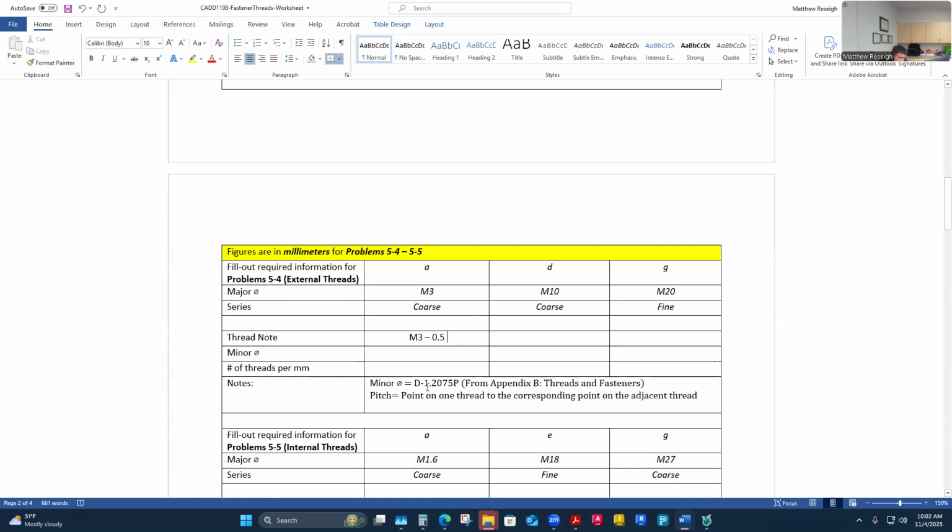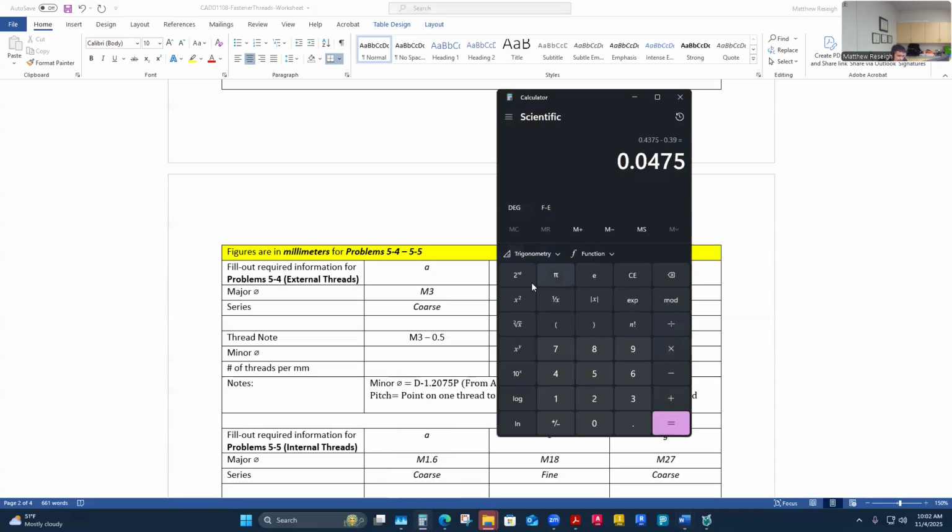So it's going to be a 3. I'll pull up my calculator and run that. It's 3 minus this little equation here, 1.2075 times the pitch, which is 0.5. So this should be what my minor diameter turns out to be.